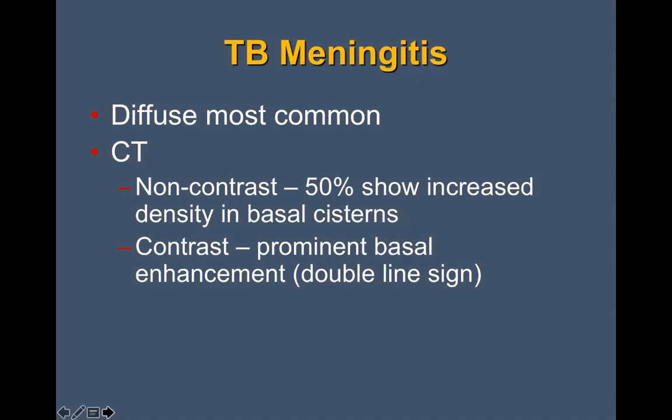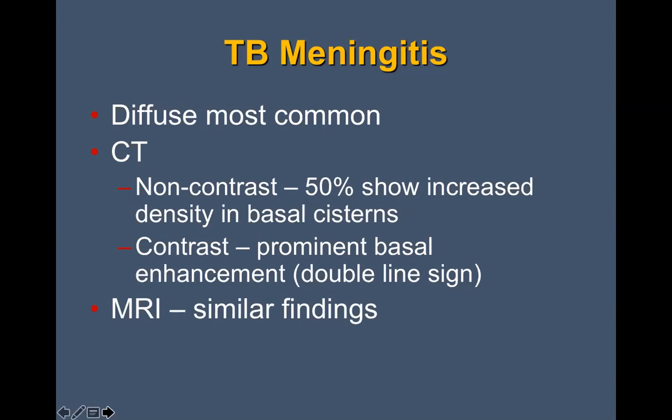Fortunately, you can actually see some findings on non-contrast CT that would suggest tuberculous meningitis. But if you give IV contrast, it's going to give you much better delineation of that meningeal enhancement that can be very profound with TB meningitis.